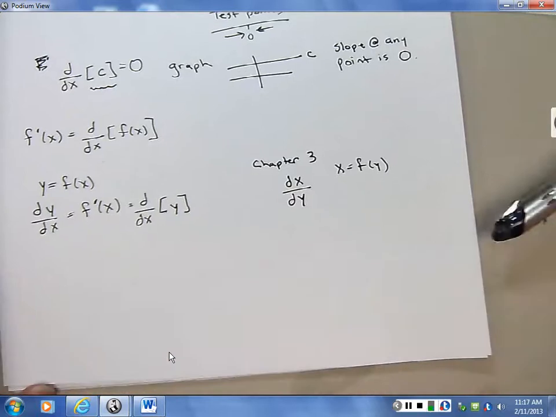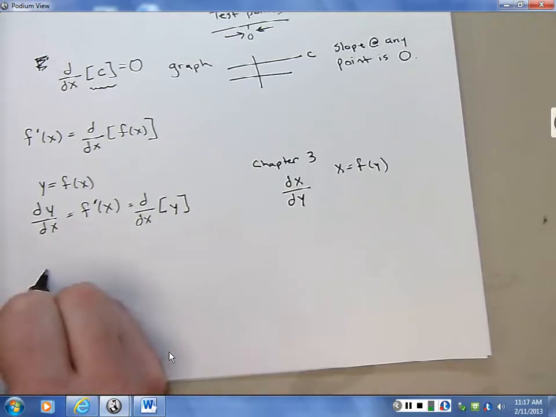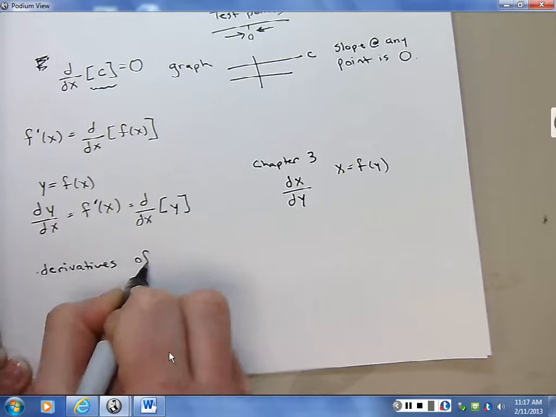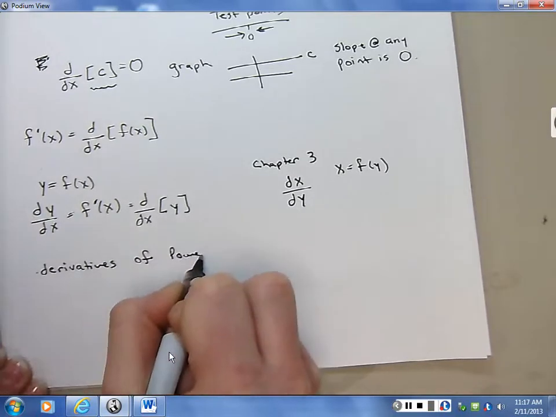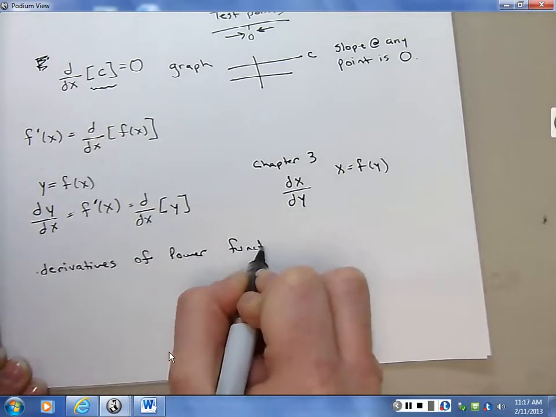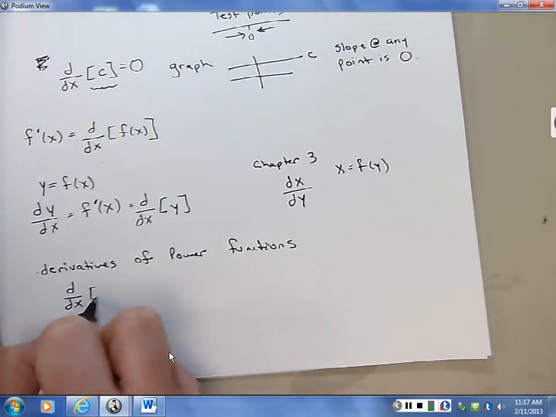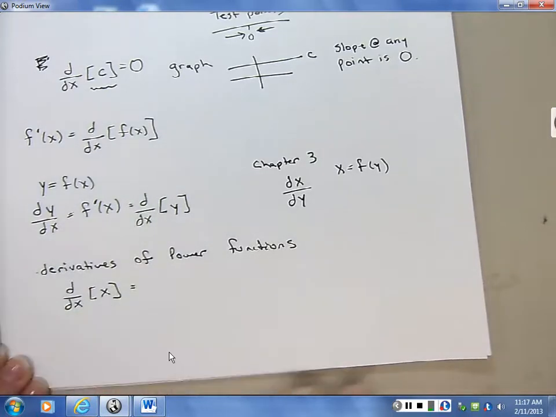If we want to look at derivatives of power functions, let's look at differentiating with respect to x of x. What's the derivative of x?